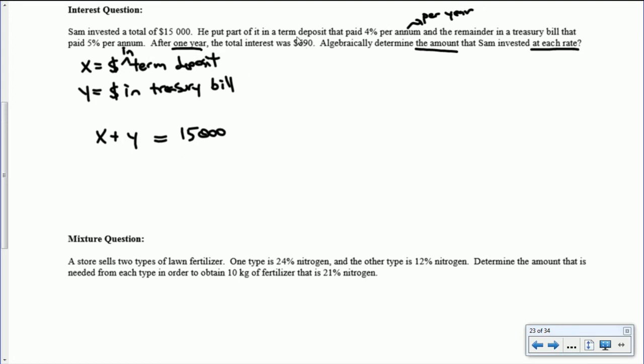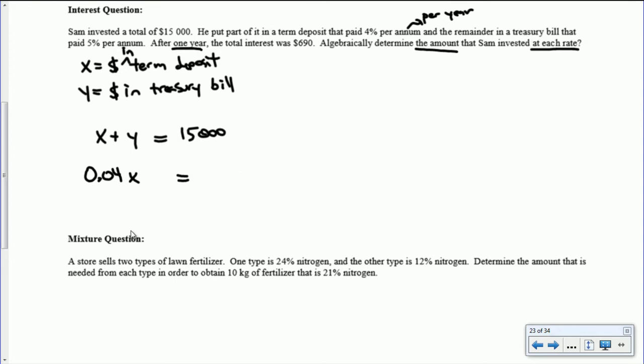Next, we need to make an equation that gives us some interest information. So the term deposit pays 4%. If the entire amount was invested in the term deposit, he'd make 4% on $15,000. So 4% on $15,000 is 600. That's clearly not what it's telling us. It's 690. So some of it will need to be invested in the treasury bill.